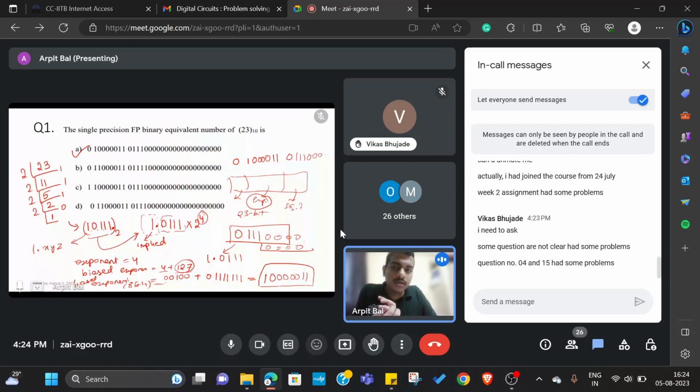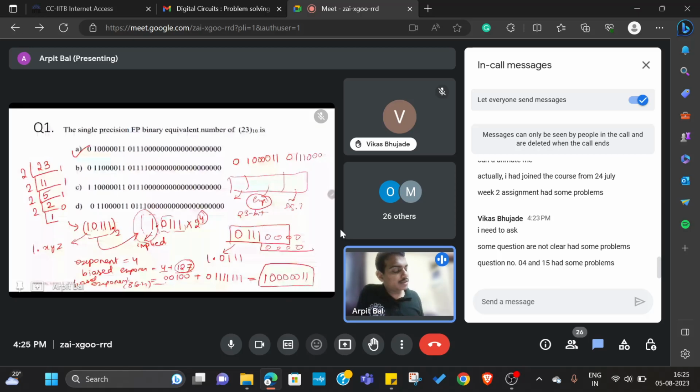But in the IEEE single precision binary representation, we will place the decimal point just after the first one, and that first one is not represented in the significand field because that one is already implied. It means whatever is present in the significand field, it will imply that it is present after the decimal point after the first one. So this is called the implied one, right?